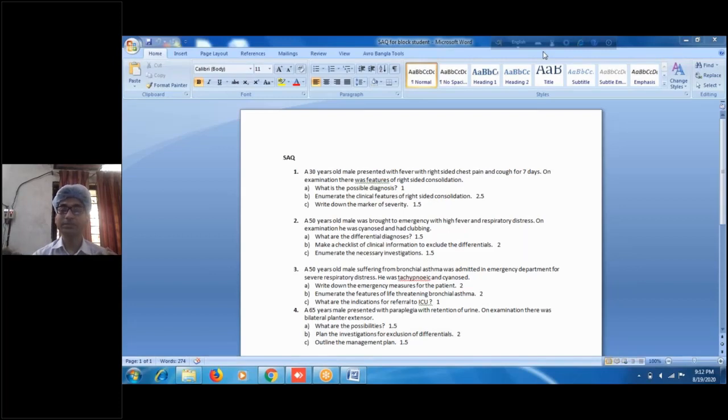If the patient has a fever, unilateral chest pain, the right-sided chest pain, and cough, these are respiratory symptoms associated with fever. That means there is an infection. And what type of infection? It may be acute, it may be chronic. The duration is only 7 days, and the patient is 30 years old. So this respiratory symptom is usually associated with an infection, and this is an acute one. And what are the findings here?